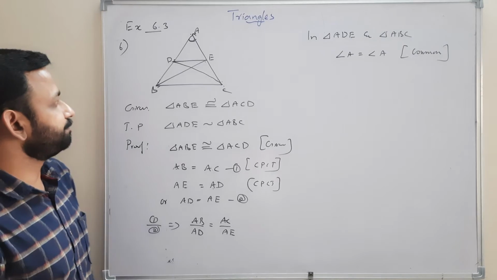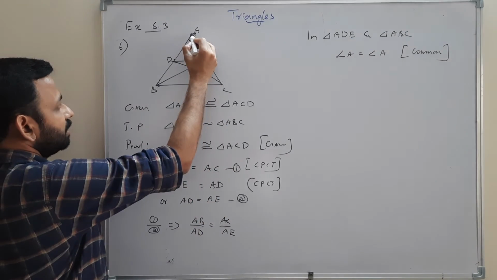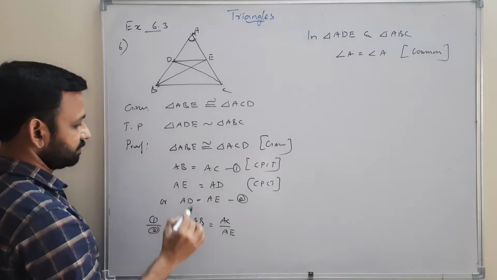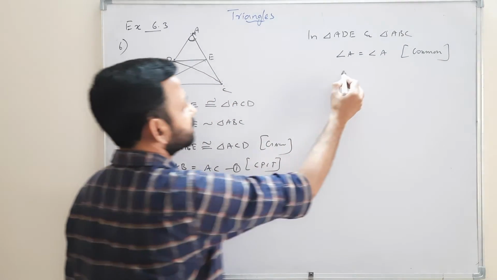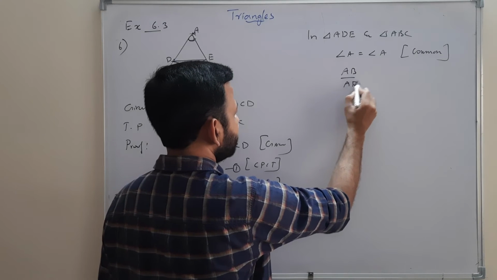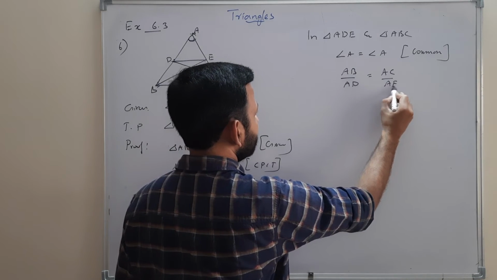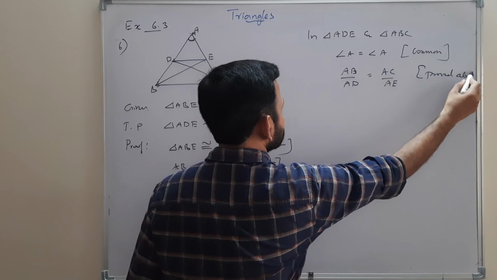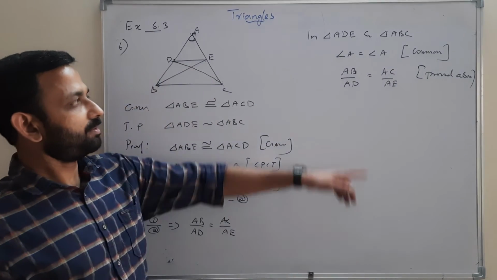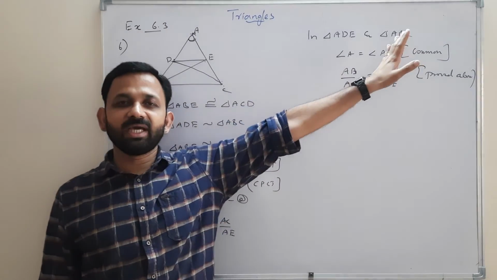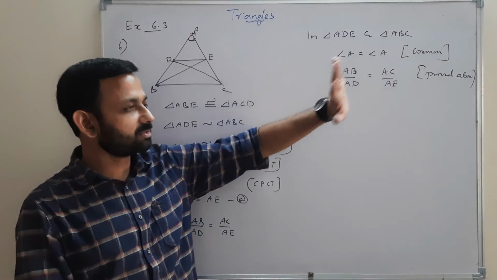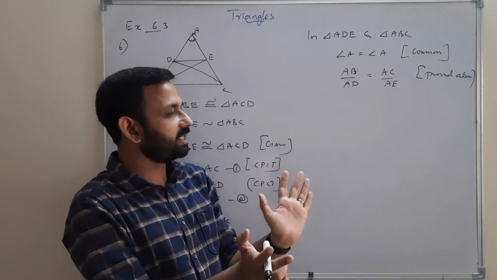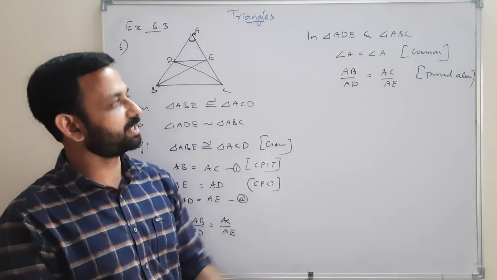Now we can write AB upon AD equal to AC upon AE, proved above. So here one angle, angle A and angle A, they are equal. So one corresponding angles are equal, and the included sides are in proportion.